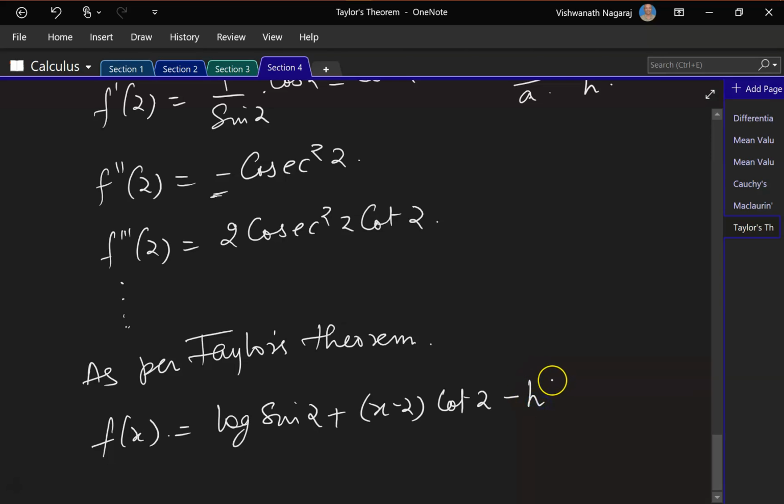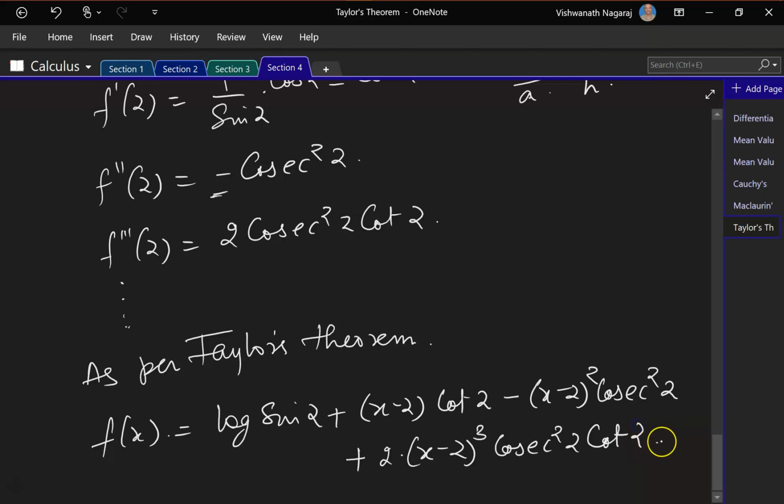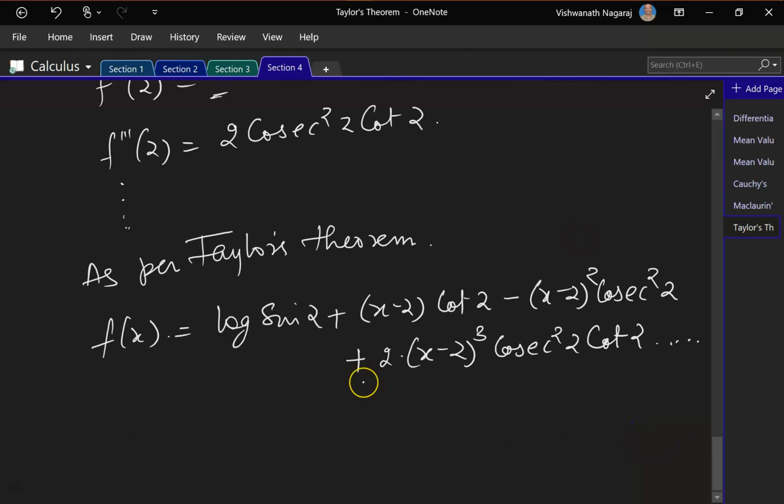So h square would be (x minus 2) square cosec square 2, plus 2 times (x minus 2) cube cosec square 2 cot 2, and so on, right?